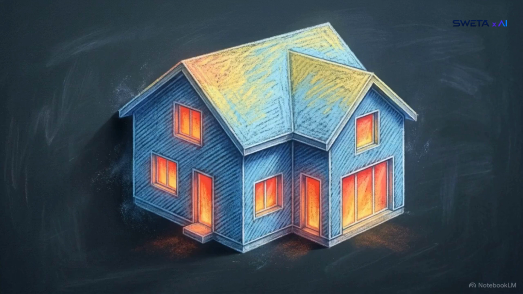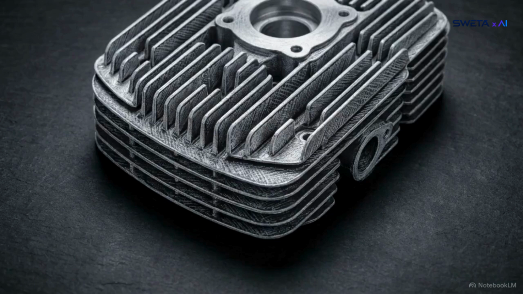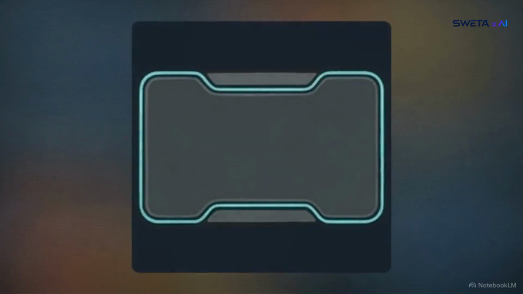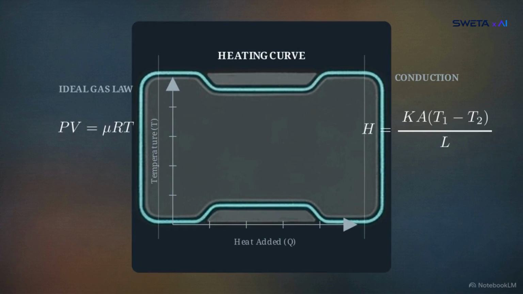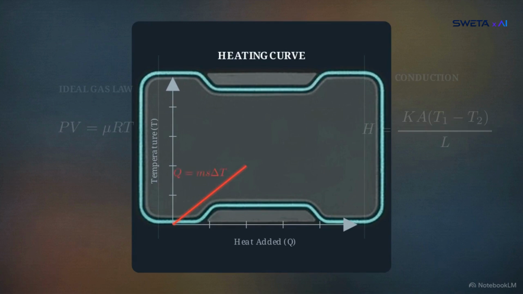Whether calculating the insulation of a building or the cooling of an engine, these gradients and geometries dictate the speed of thermal exchange. We have now built a complete model for thermal dynamics. We know that every interaction is driven by a temperature differential, forcing energy to move from high to low. This energy is absorbed according to a material's specific heat, which directly leads to its physical expansion.